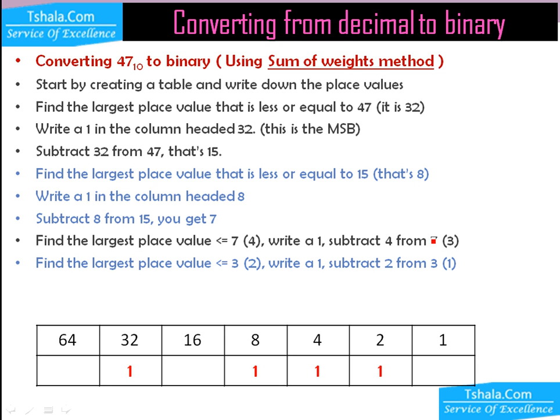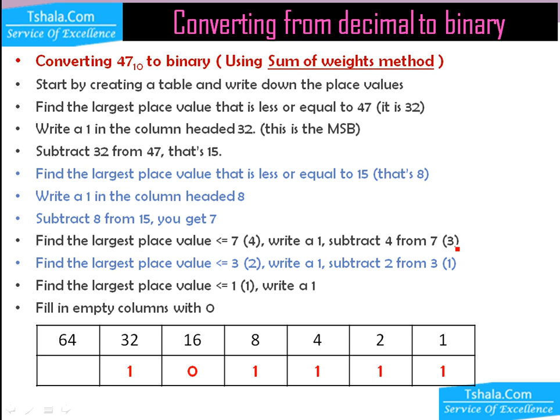So we try to find the largest place value that is less than or equal to 3, which is 2. We write a 1, subtract 2 from 3, which is 1. We find the largest place value that is less than or equal to 1. In this case, it's a 1. We write 1, which is really the least significant bit. And then we fill the empty columns with zeros.